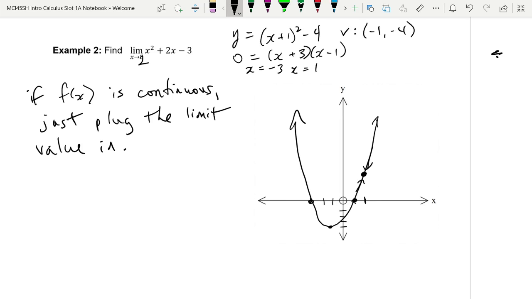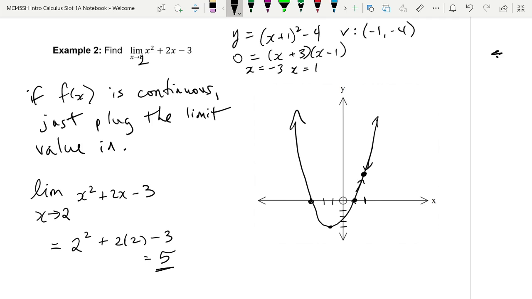The limit as x approaches 2 of x squared plus 2x minus 3 is equal to 2 squared plus 2 times 2 minus 3. That's 4 plus 4 minus 3, which is 5. So this should be the point 2, 5, and 5 is my limit. As I approach from this direction and from that direction, I get infinitely close to, and eventually get to, the point 5.